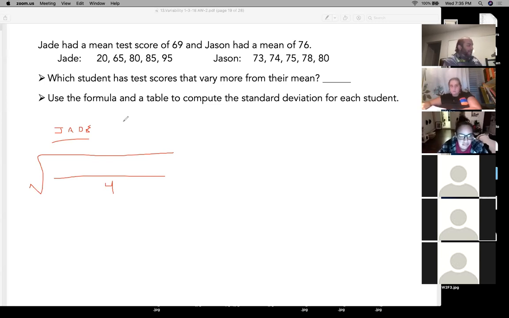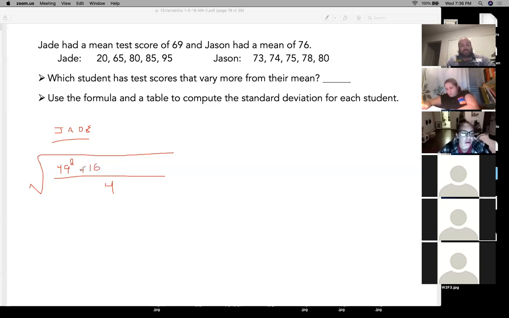Now, on top, what we have to do is calculate how far each one is from the mean and square it. So the mean was 69. So how far is 20 from 69? 49. So it's going to be 49 squared. Next, how far is 65 from 69? 4. So that squared is just 16.